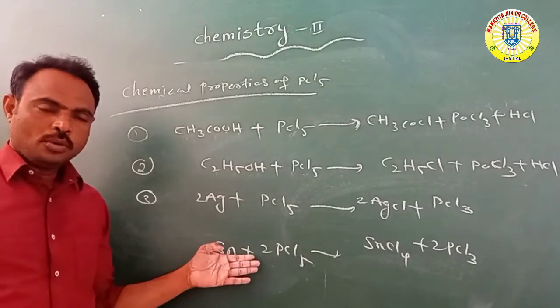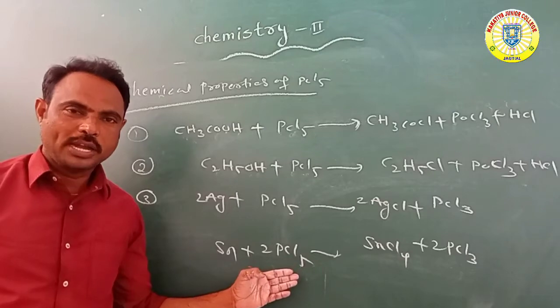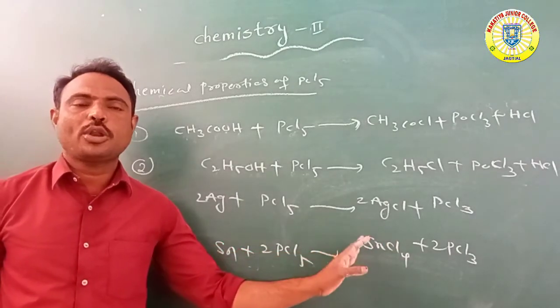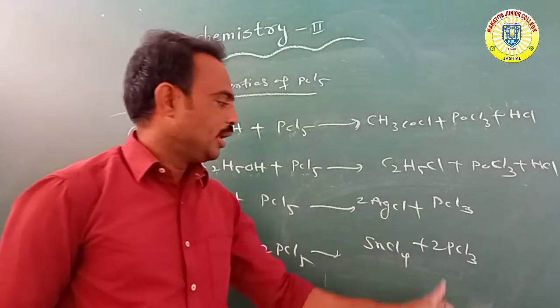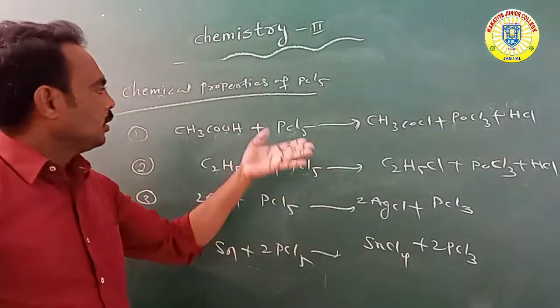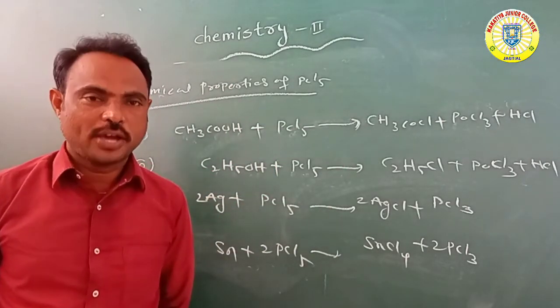So overall, tin reacts with phosphorus pentachloride to form tin tetrachloride and phosphorus trichloride. So these are all chemical properties of PCl5.